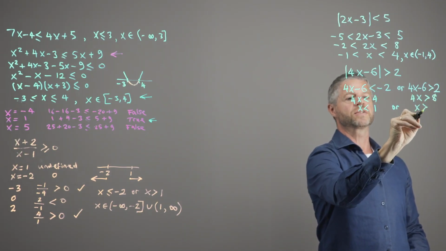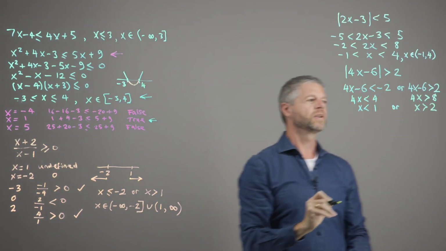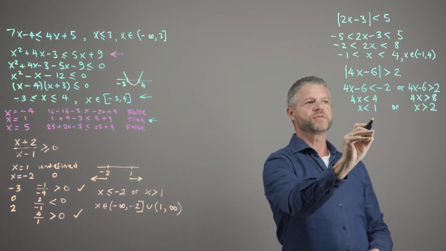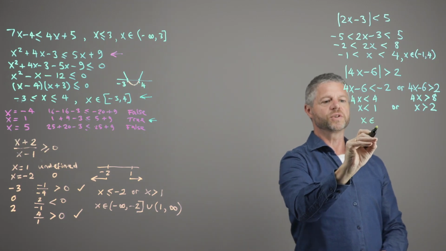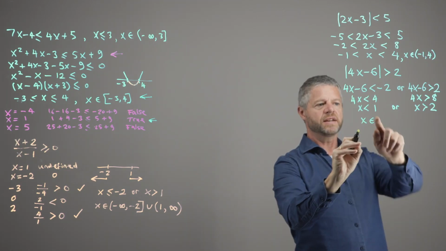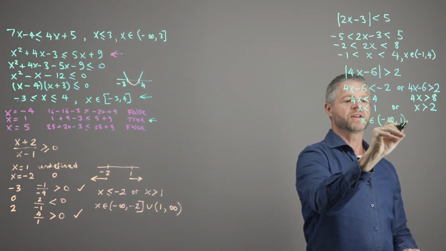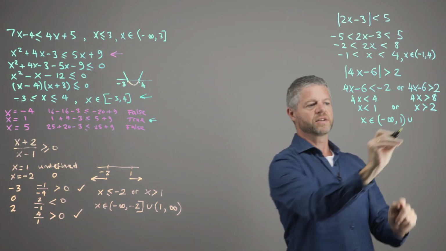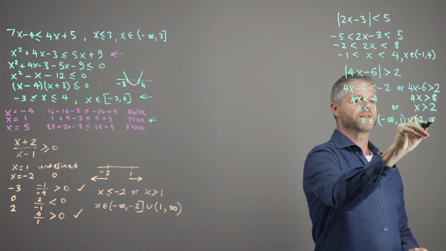So x greater than 2. And in interval notation, that would be x is in the interval between minus infinity and 1, or, so we use our union notation, or the interval between 2 and plus infinity.